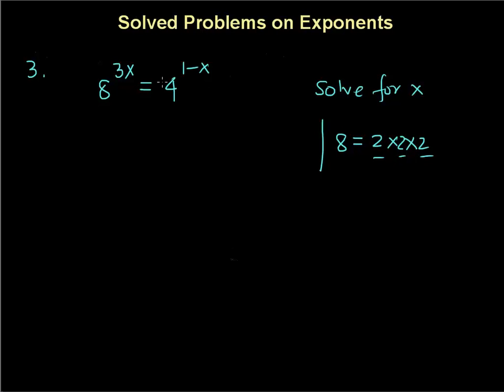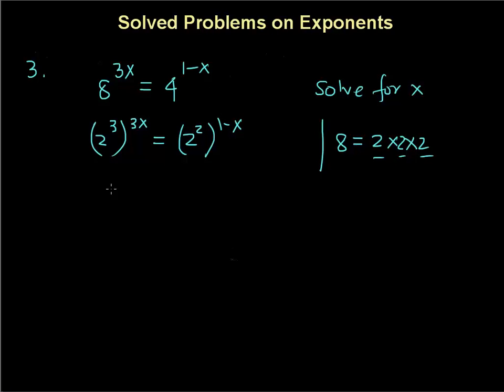And 4 of course is 2 into 2, so 2 to the power 2. So I can rewrite it as 2 to the power 3, put a bracket here, and 3x. And on the right hand side I can do 2 to the power 2, then bracket and 1 minus x.